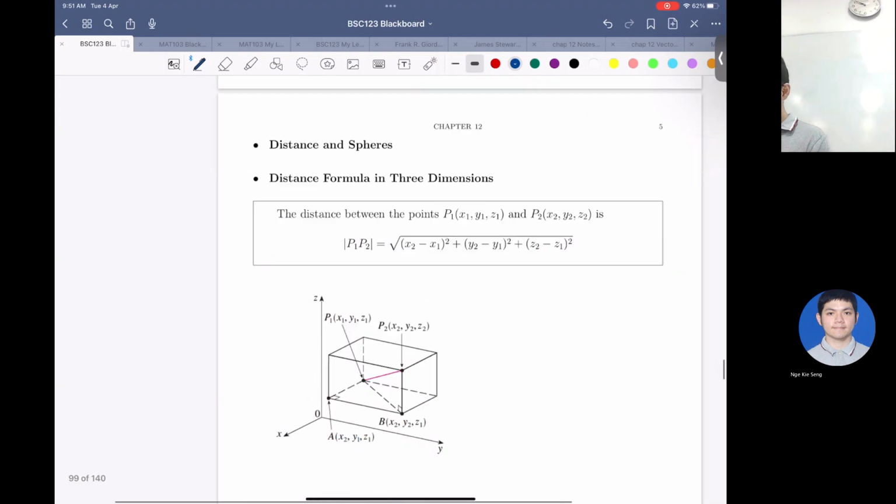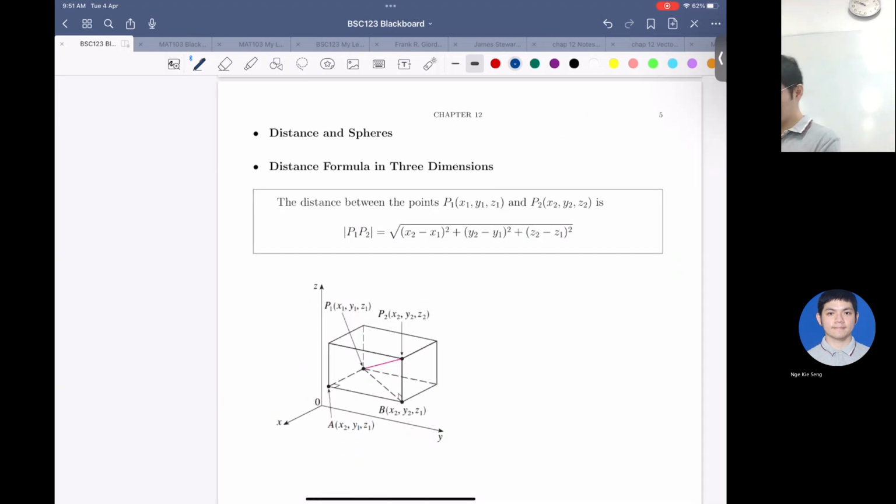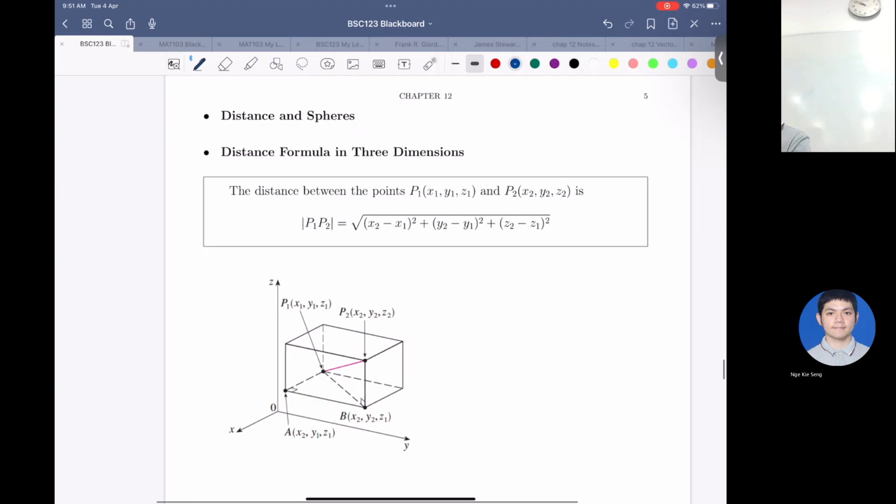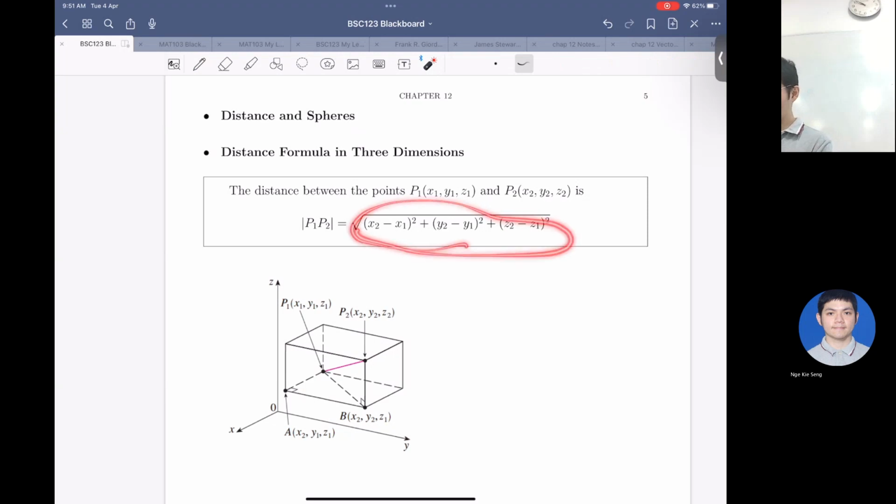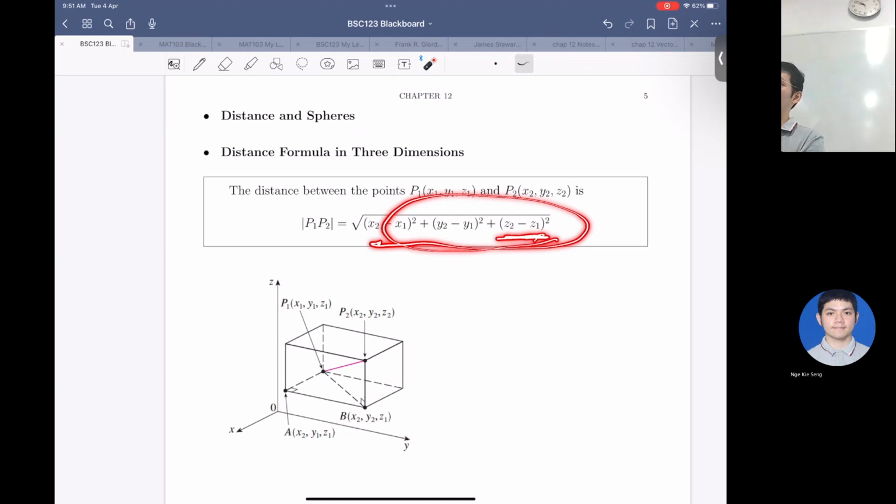Next is the distance formula in 3 dimensions. You can see that this is a souped-up version of the Pythagorean theorem in R2. You need to consider the third coordinate here: a squared plus b squared plus c squared equals d squared. You just keep doing it.